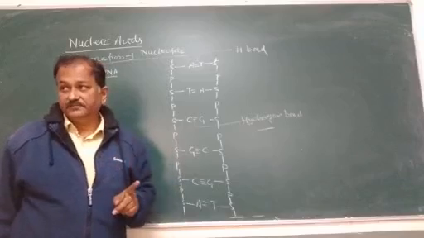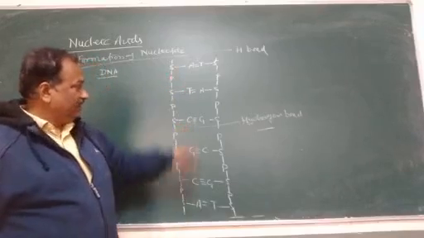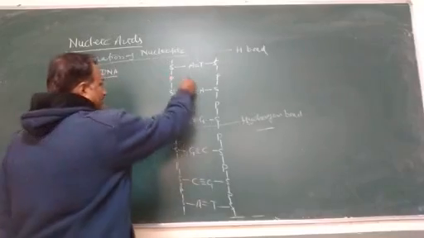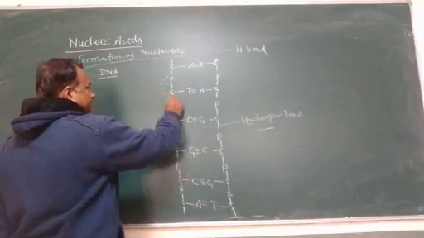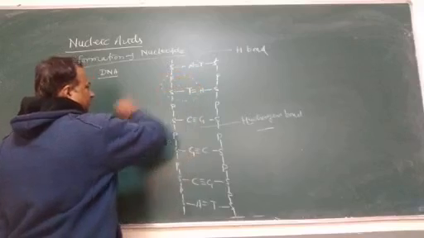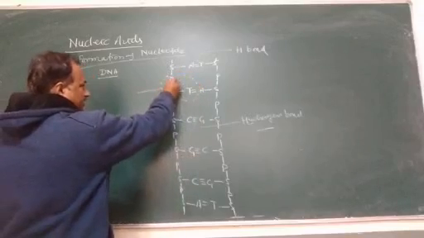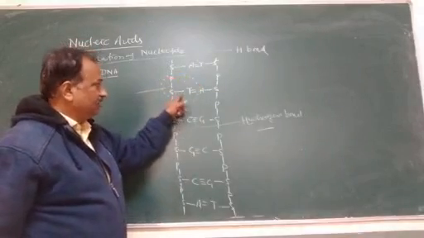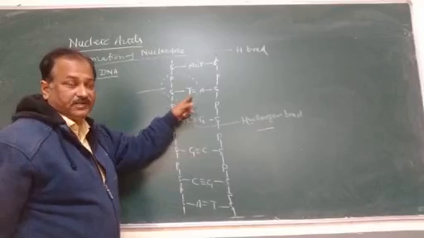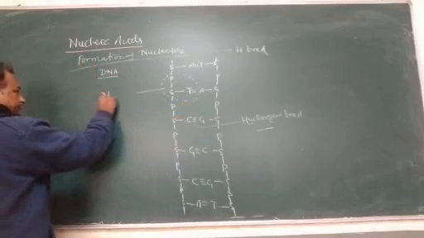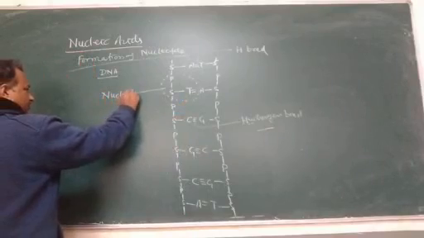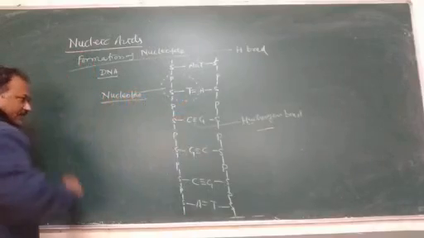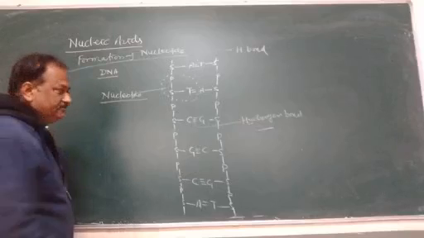This is the first point. Similarly, like this. Now the other point is that the group of phosphate group, pentose sugar and nitrogen base forms the nucleotide.